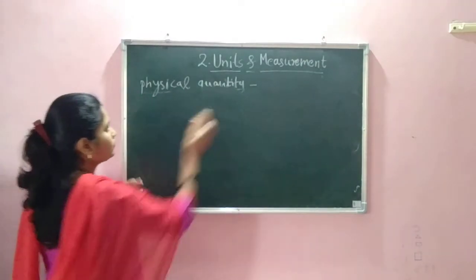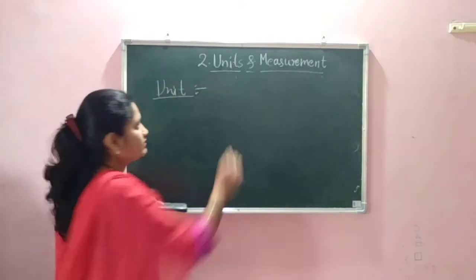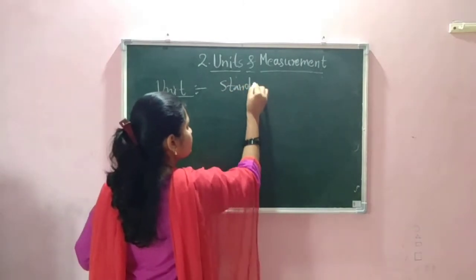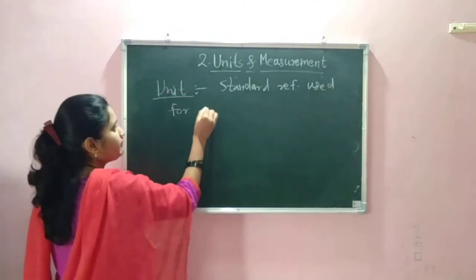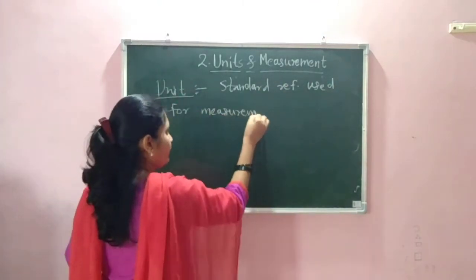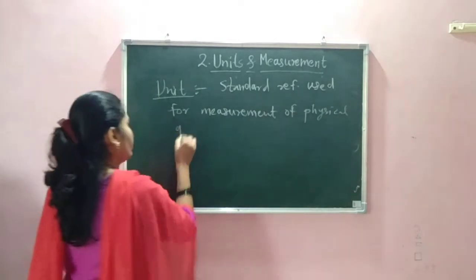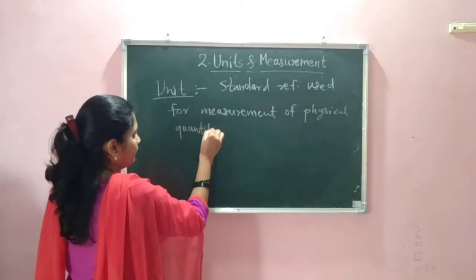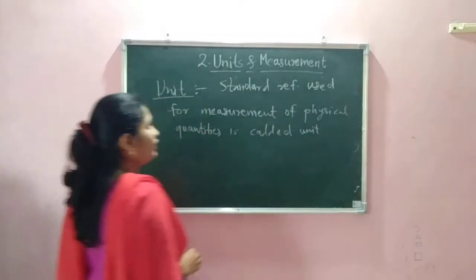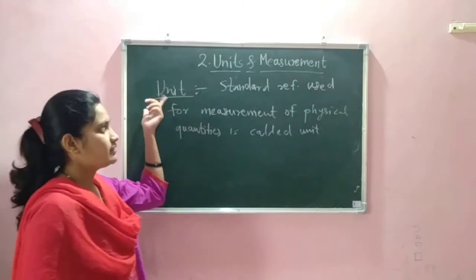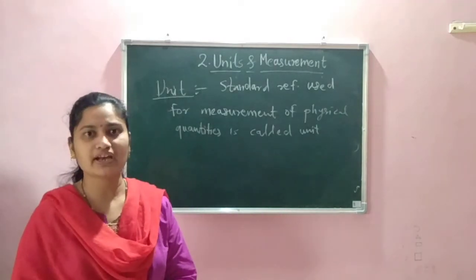The definition of unit: a standard reference used for measurement of physical quantities is called a unit. There are different characteristics of a unit.